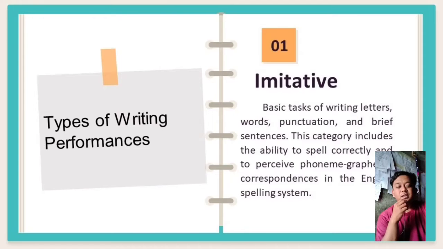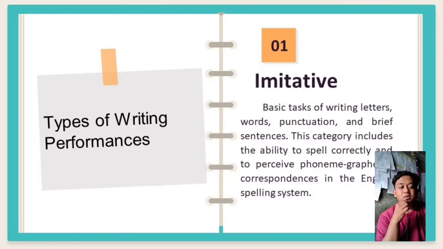Types of writing performance. This is like the levels of writing performance. The first one, imitative. Basic tasks of writing letters, words, punctuation, and brief sentences.